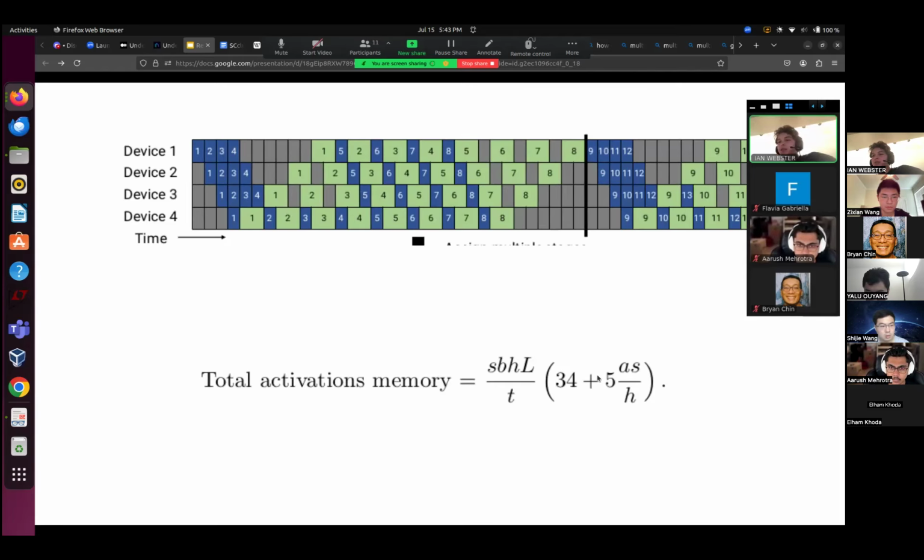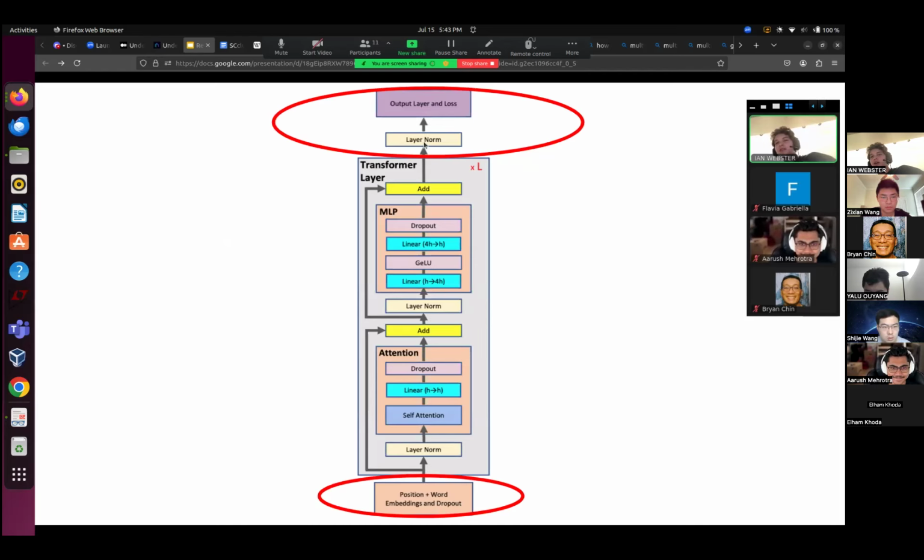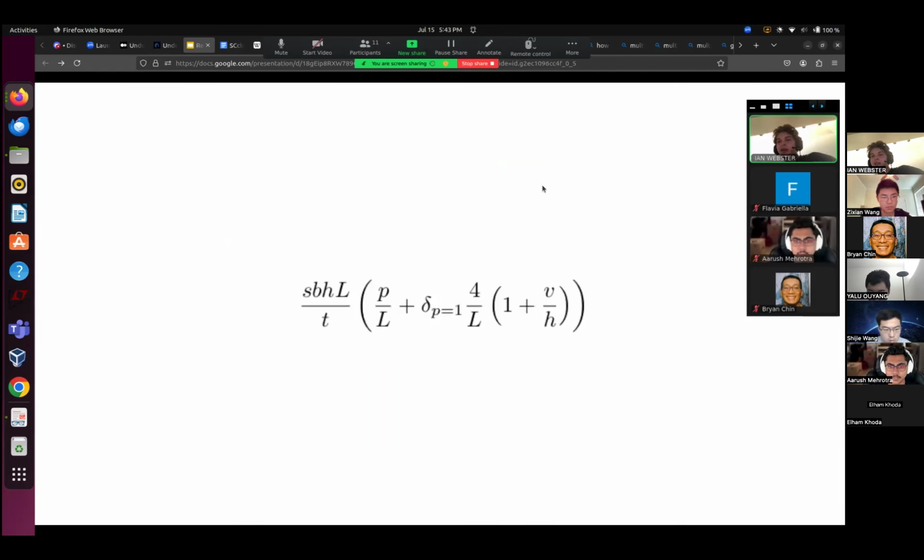This is not the equation. You have all these other vectors associated with the position embedding stuff and the output loss function stuff, and that is not accounted for. It is accounted for by this equation.